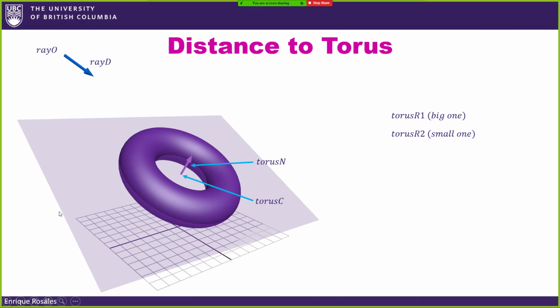So if this torus is basically rotated in 3D, that rotation can be described by a normal, right?